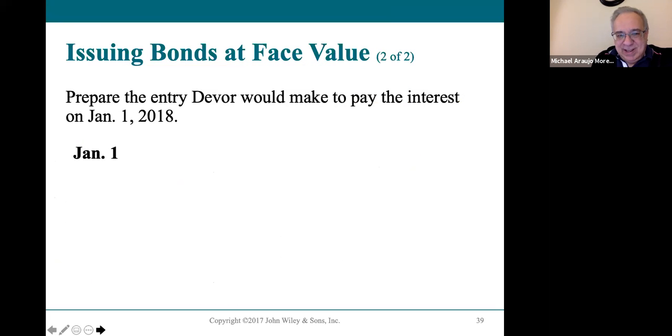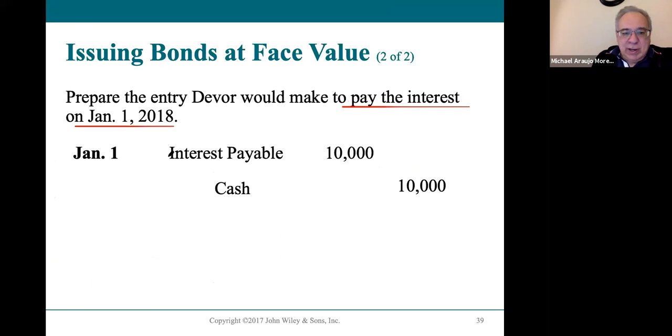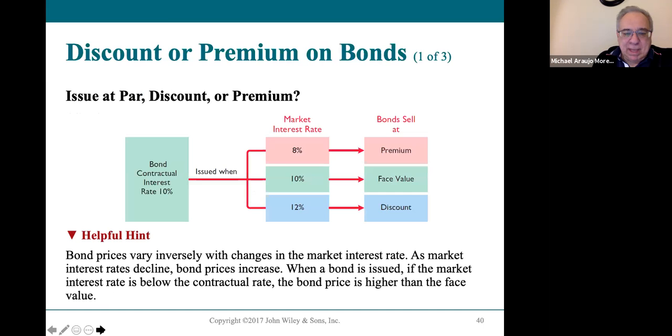So that's how that is. This is just a follow-up. They paid the interest the very next day. Well, that's easy. You take away your interest payable and you show you paid that interest in cash. So it's quite easy. It becomes a little interesting, again, with this discount or premium issue.